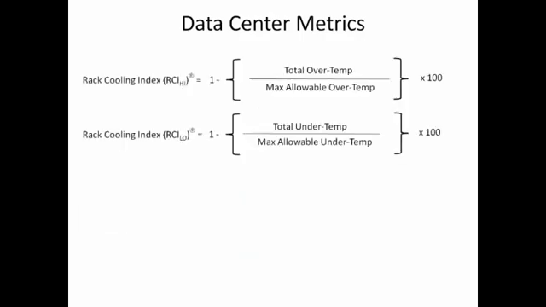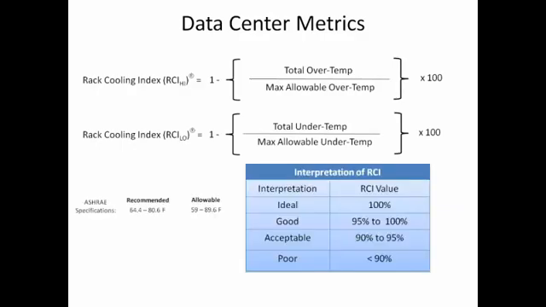The other metrics we're going to be using today are RCI, RCI high, and RCI low. These are really a measure of compliance with the ASHRAE guidelines. You can think of these as just, does it comply with the recommended standards for rack inlets?